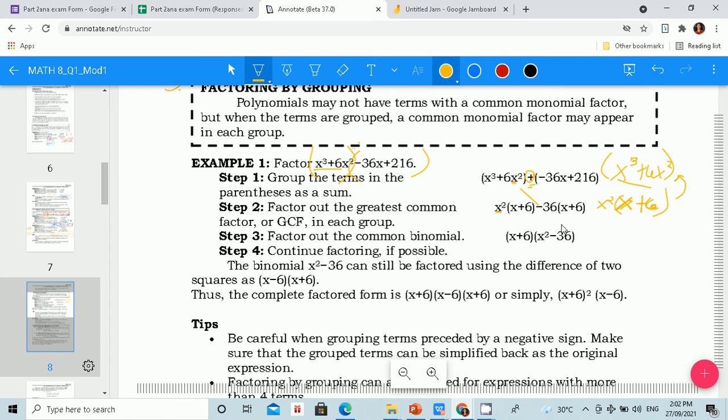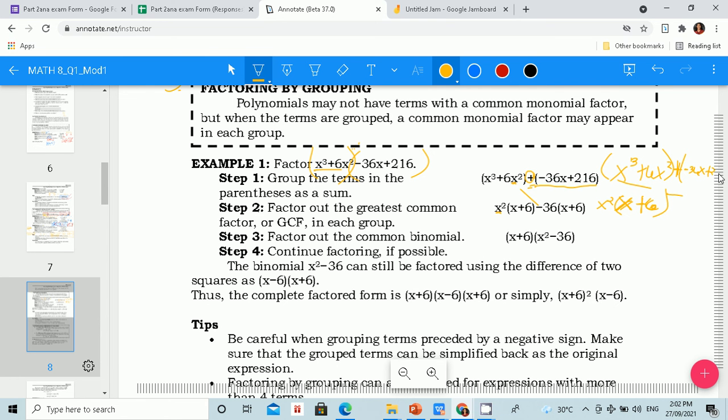And for group 2, what is the factor? The second group is this one: minus 36x plus 216, with a plus in between. What is the common factor of 36 and 216?